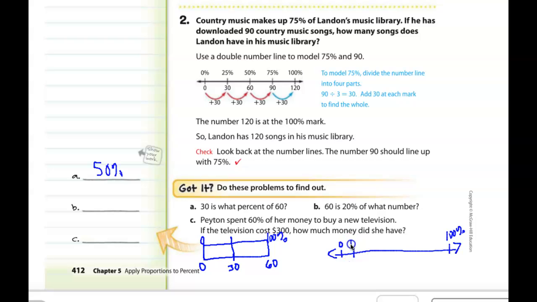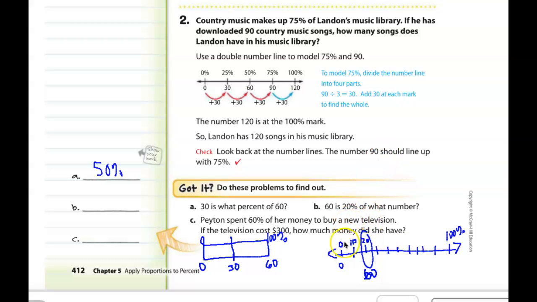So 10, 20, 30, 40, 50, 60, 70, 80, 90, 100. So here's 20. 60 is 20% of what number? So I know that 60 is going to be right here where the 20 is.